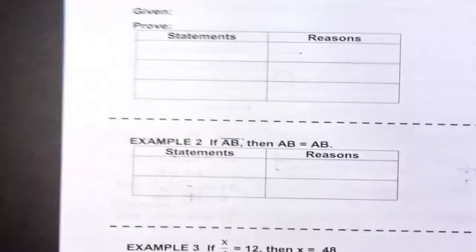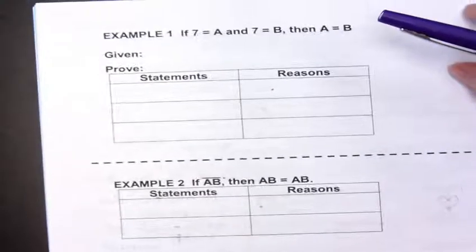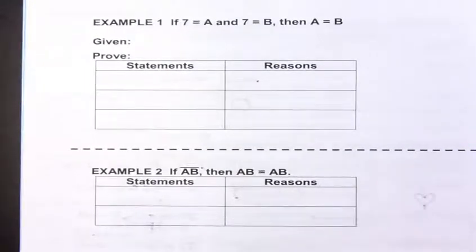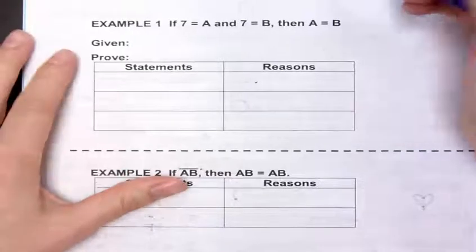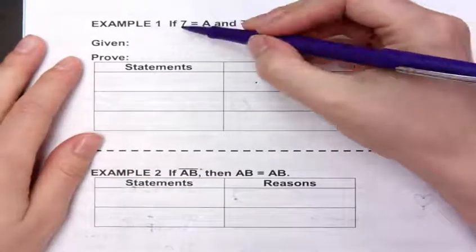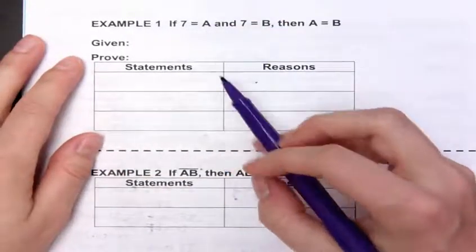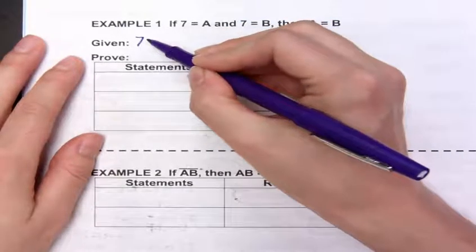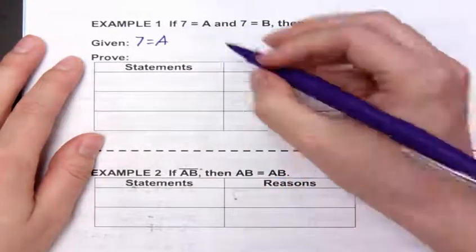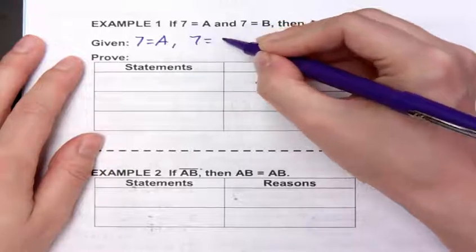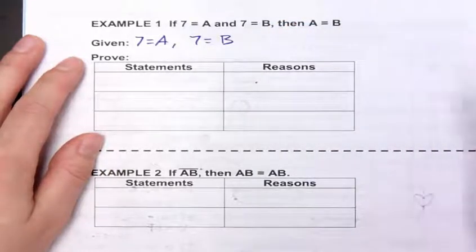All right, so this is what our 2-column proofs look like. We have our statements and then the reasons for it. So this first one, they ask us to go ahead and label, what is my given here? 7 equals A and 7 equals B. And then what am I asked to prove?